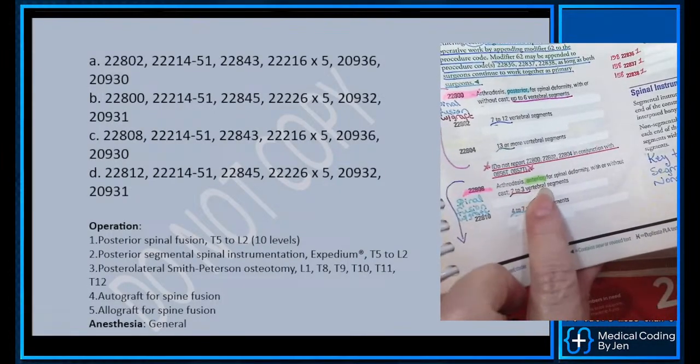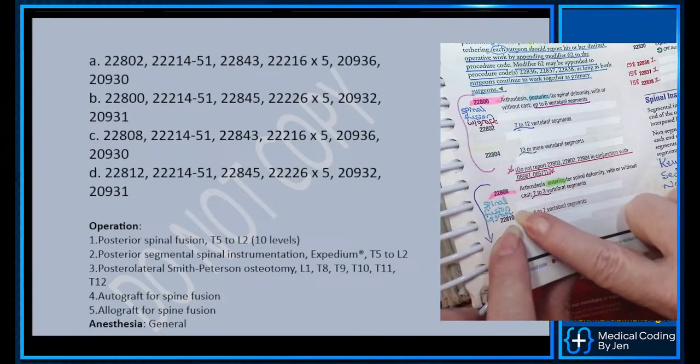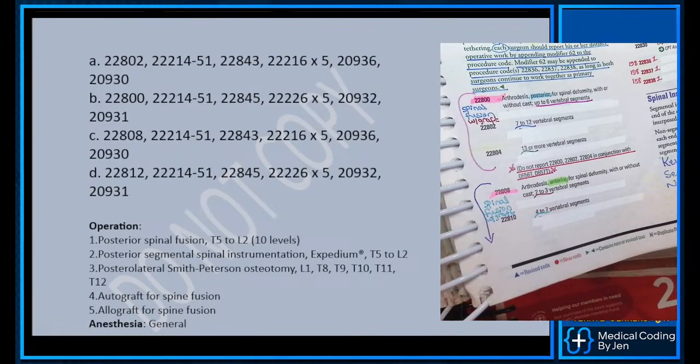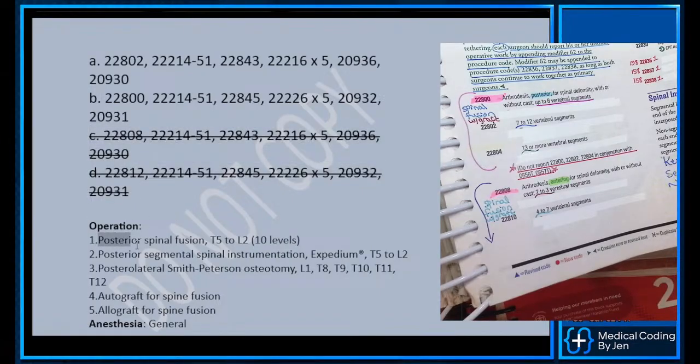We are only posterior. Anterior is 08 and 12. We cannot be these 2 codes, because we are posterior on everything we did.